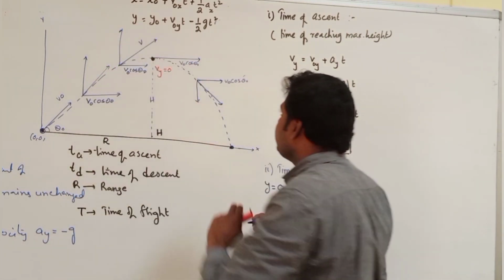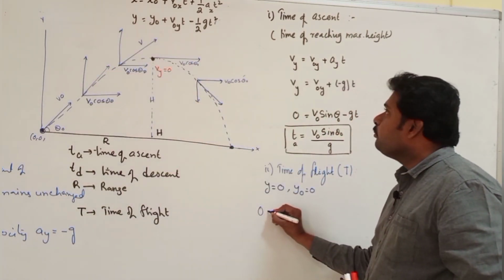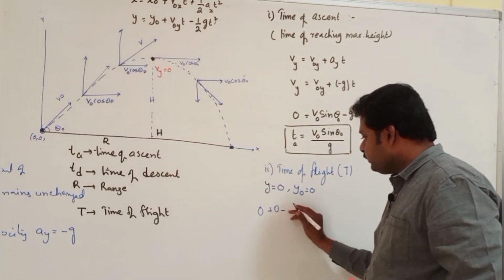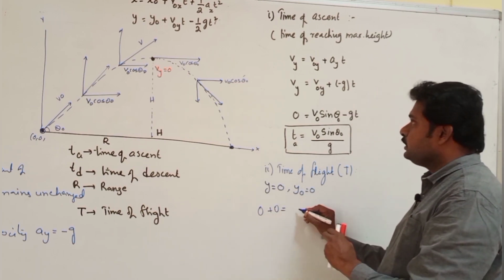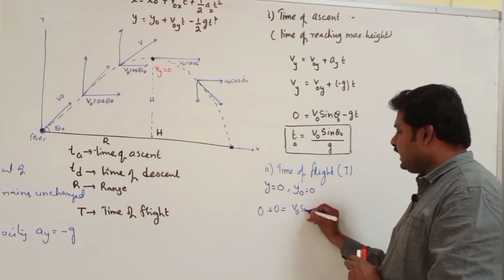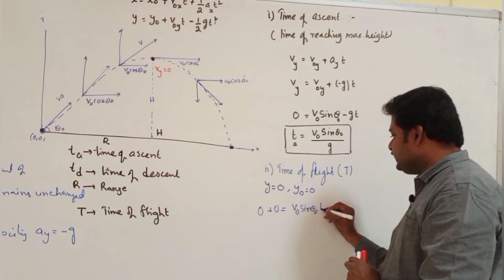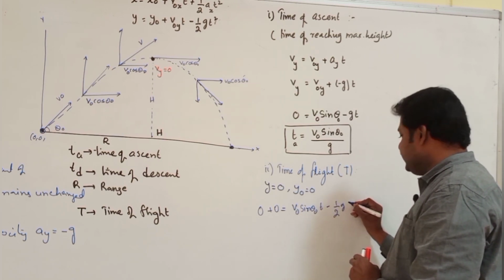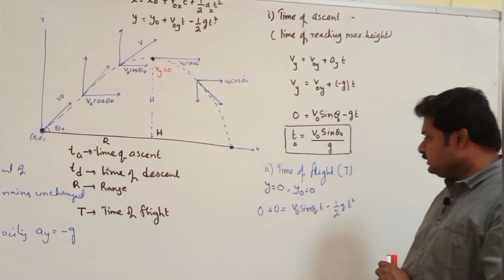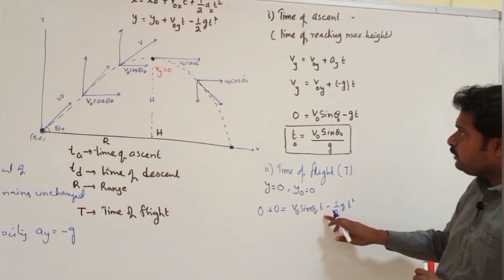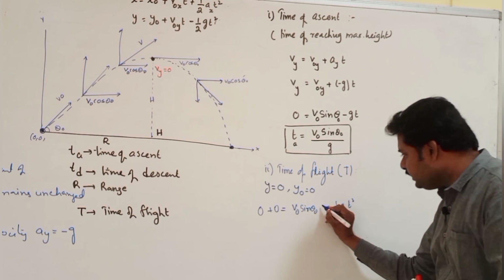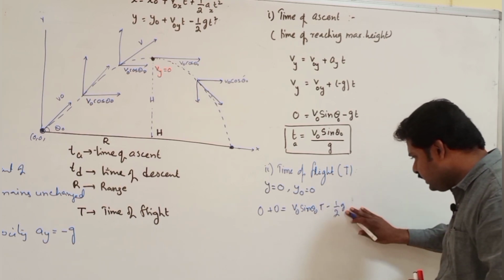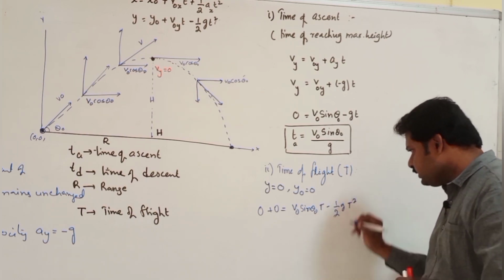Substitute here. Now what will you get? 0 plus 0 is equal to v naught sin theta naught t minus half g t square. Shall I write it in terms of the total time, capital T? I am not representing small t here.